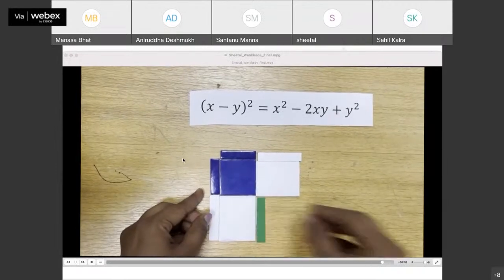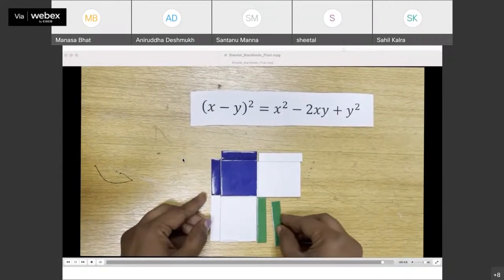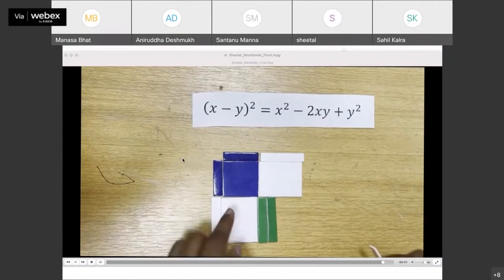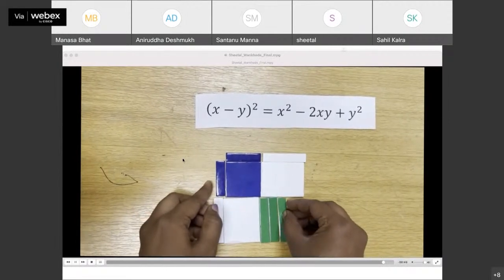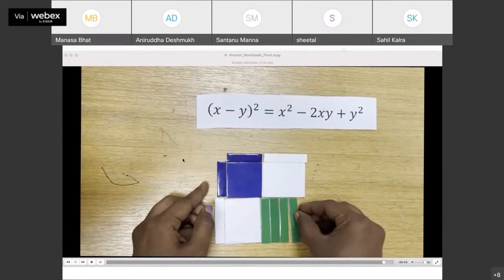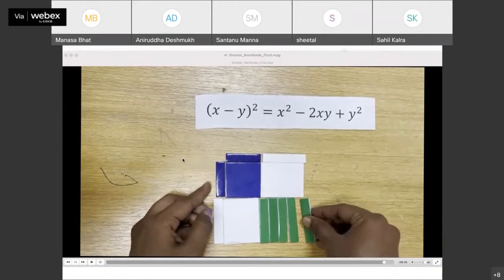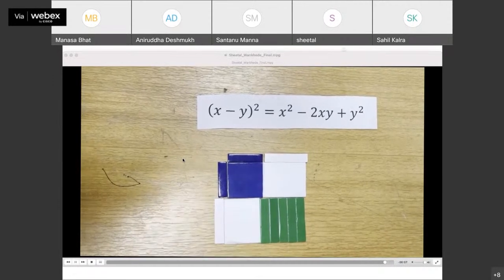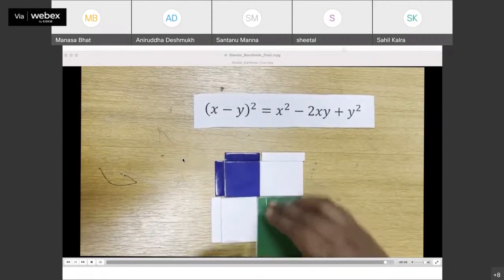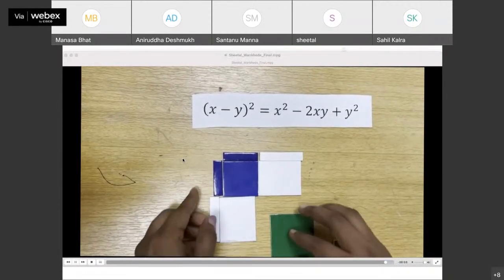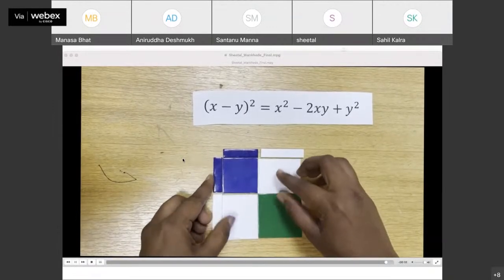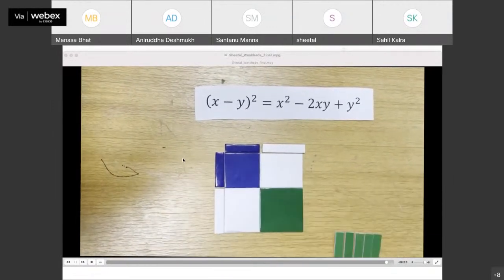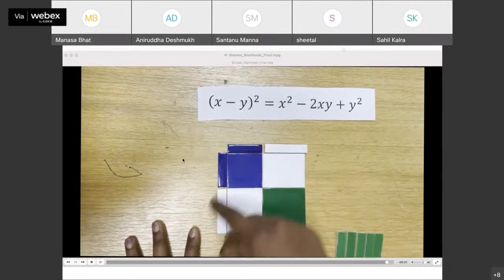So that's why we fill with a different color. This is of y length. This is also of y length. So this gives you a square whose area is y square. So now add all these areas. So they give you the total area of this square.